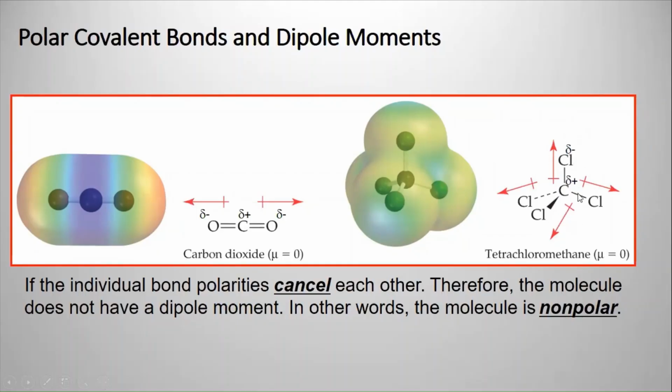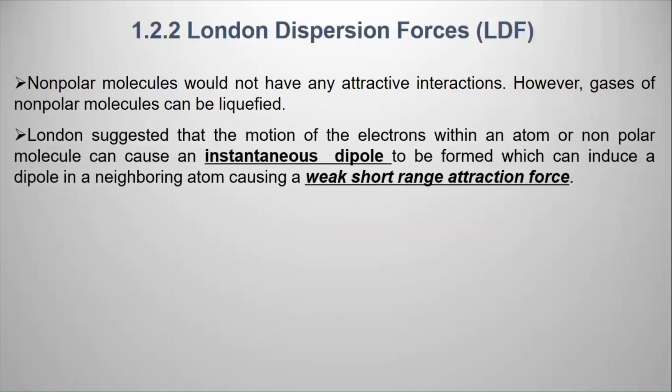The intermolecular forces are going to be London dispersion forces because, again, they cancel each other and the dipole moment is zero. So once you identify a molecule to be non-polar, it has only one type of force, which is London dispersion. And these very weak forces are very short in range and attraction.